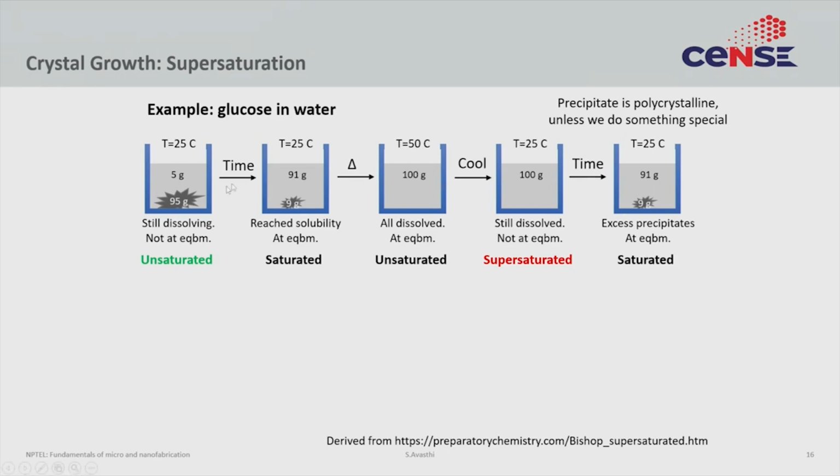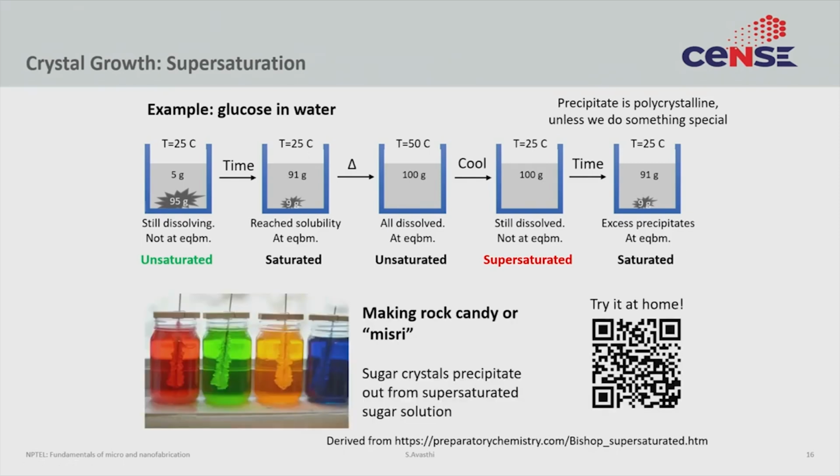The process that we just looked at is maybe familiar to some of you. This is how we make mishri or rock candy. If you do not know what I mean, maybe this picture will jog your memory. You can create these very fancy looking candies, which are essentially crystals of sugar, with some color in them in this case. This is the process by which you make them.